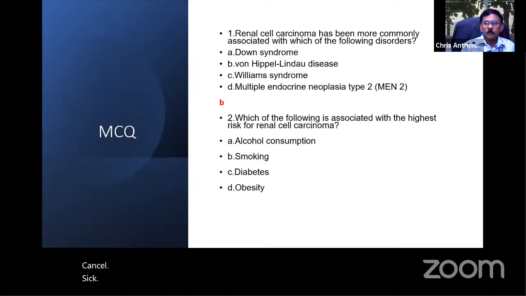You carry on, Sue. Which of the following is associated with the highest risk of renal cell carcinoma? Obesity. Anybody? Anything else? In fact, all of them are risk factors. But I think the highest among these factors, the answer given is B, smoking.